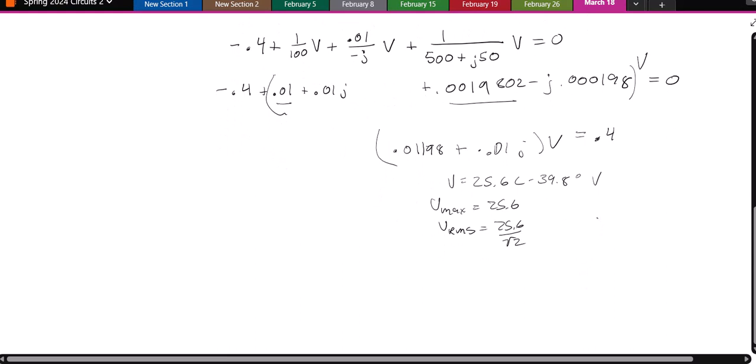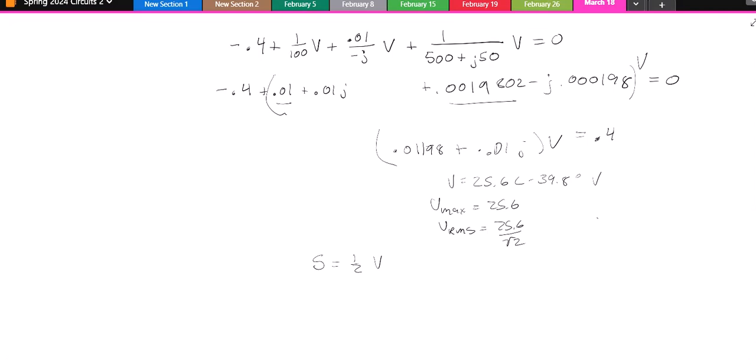So if I wanted to find my complex power, it's 1/2 V I conjugate, or 1/2 times 25.6 angle negative 39.8 degrees times I, which was 0.4 angle 0. I never wrote it down in rectangular form, so never mind.